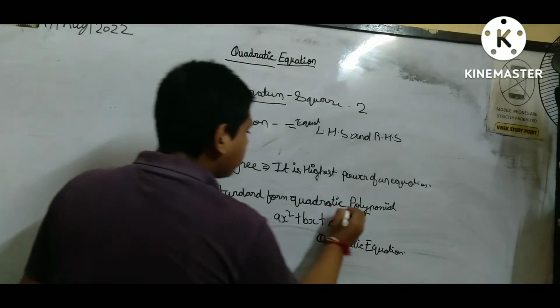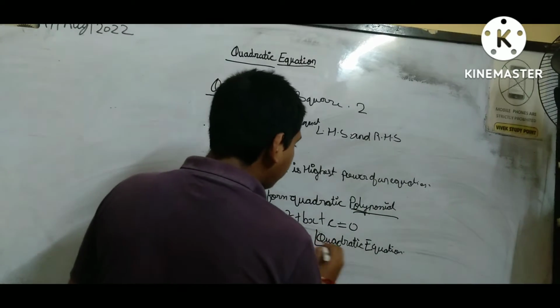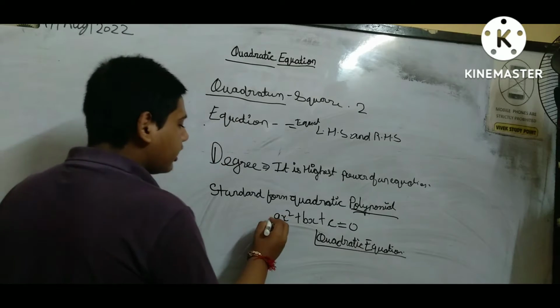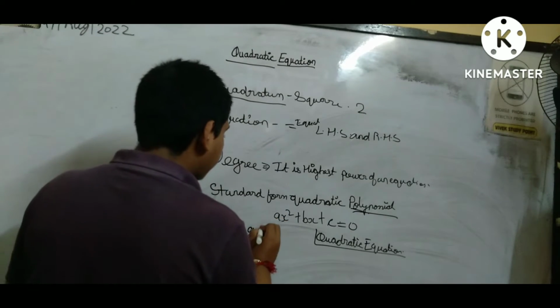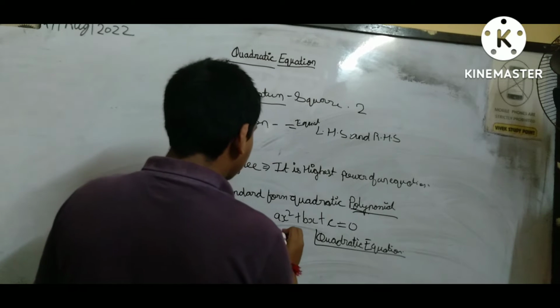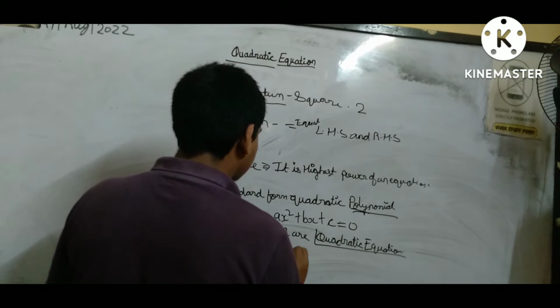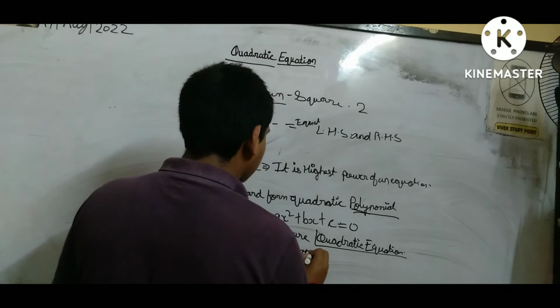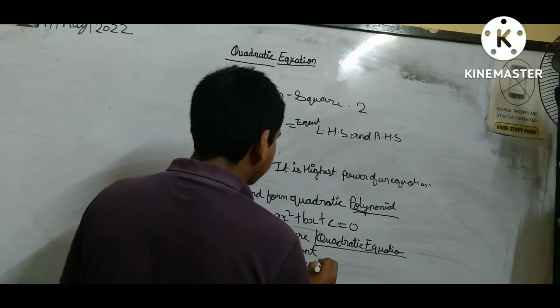And by the standard form of the quadratic polynomial, we have understood the standard form of the quadratic equation. It is ax square plus bx plus c equals 0, where a, b and c are constants and x is a variable.